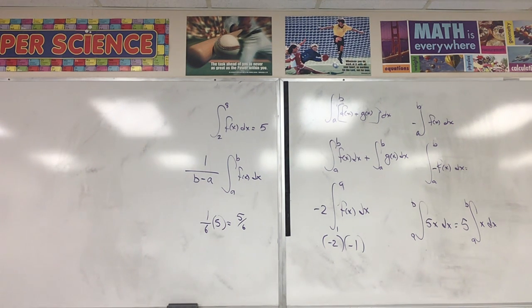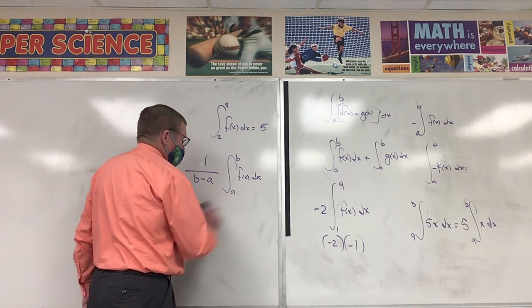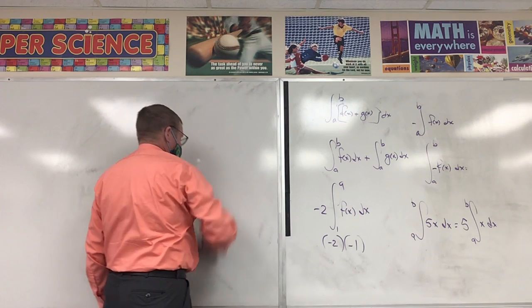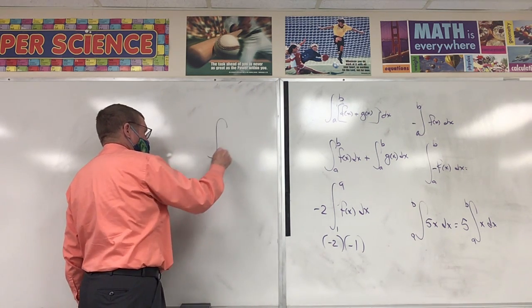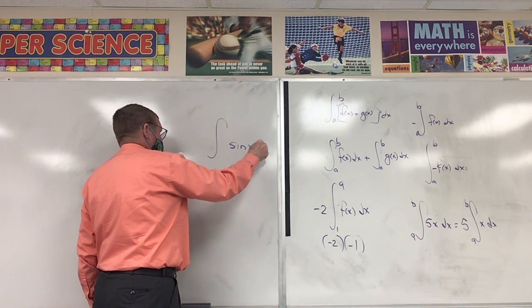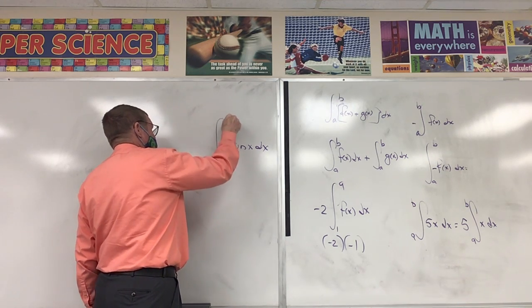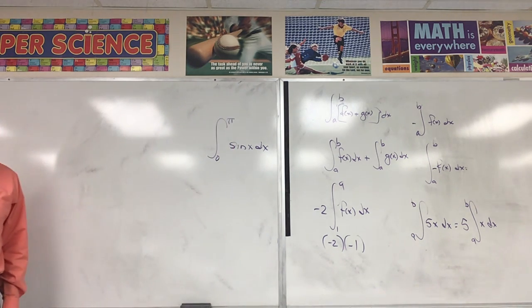So, we're going to look at an example here. Let me see if I can find it. Alright, 31 and 36. Find the average value of the function on the interval using antiderivatives to compute the integral. We're going to use our NINT here. So let's look at y equals sine x. That means we're going to do the integral of sine x dx from 0 to pi.